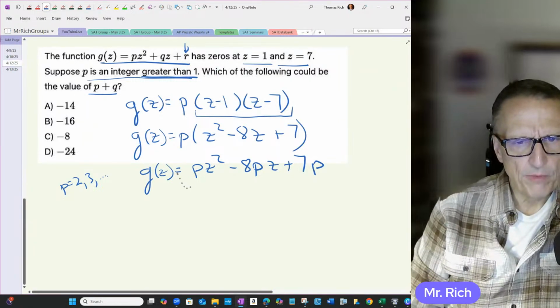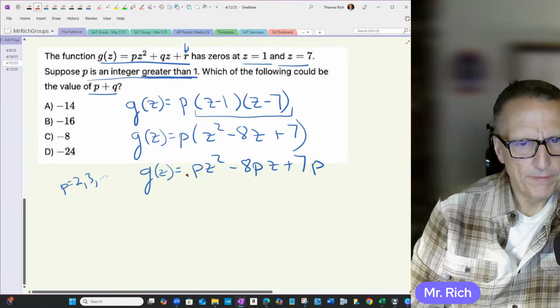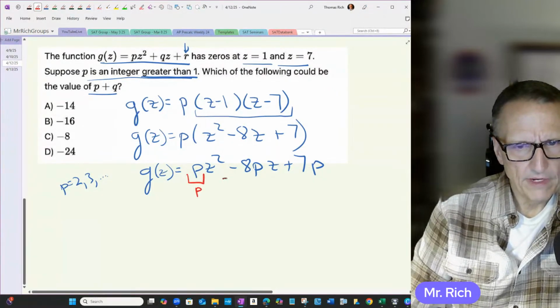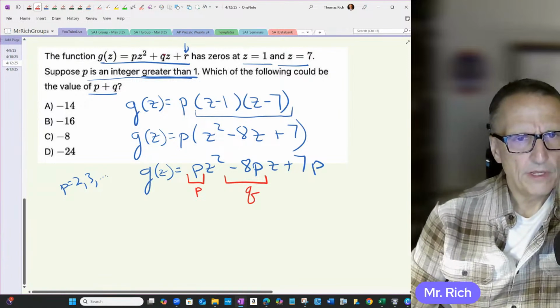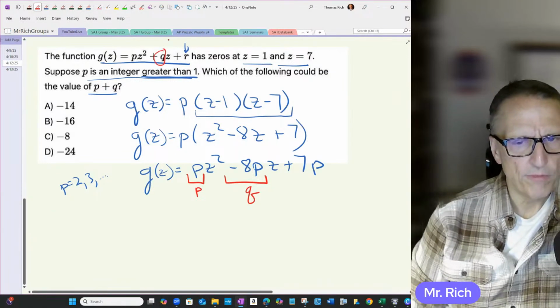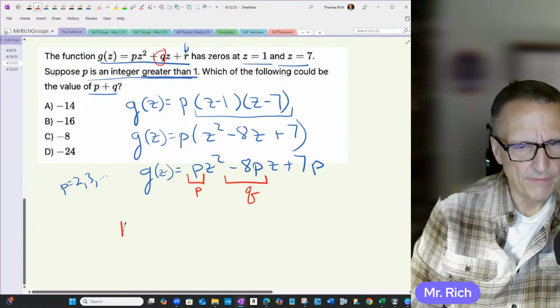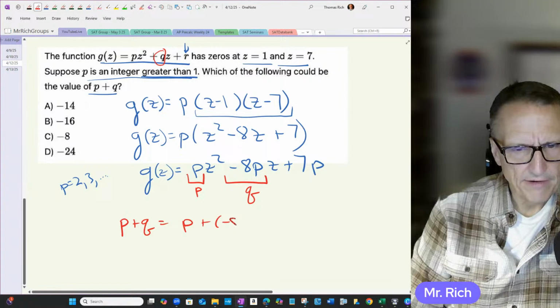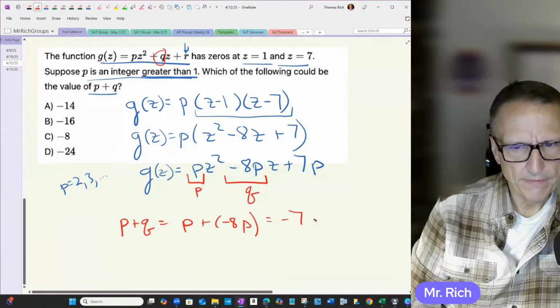At this point, we could say that the p is this right here, and this is the q. So negative 8p ends up being the q that would match with the standard form of the equation. They're asking what could be p plus q, so p plus q would be equal to p plus negative 8p, which would be negative 7p.